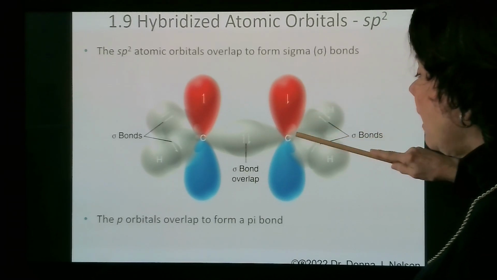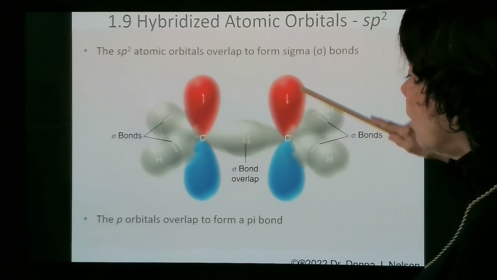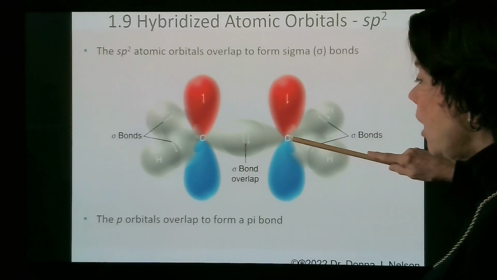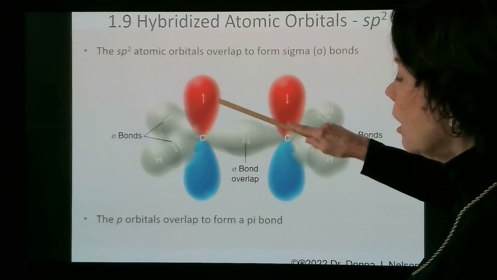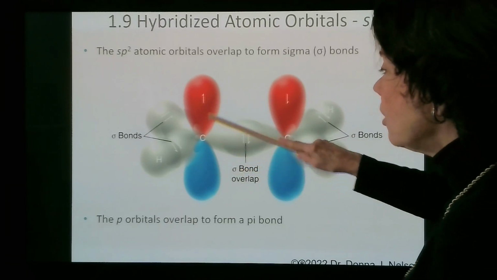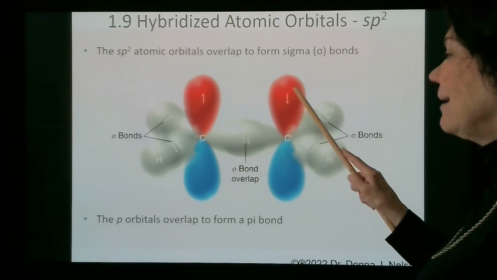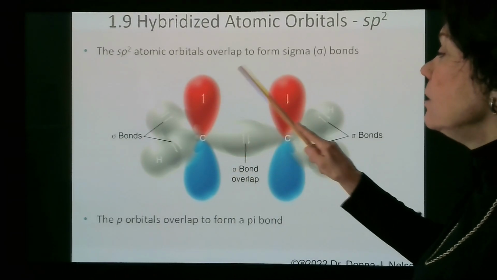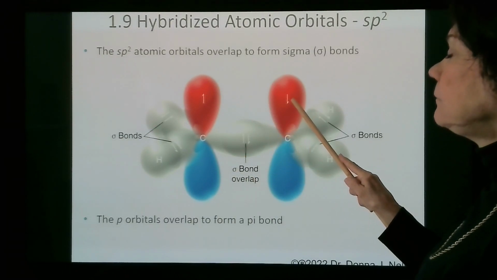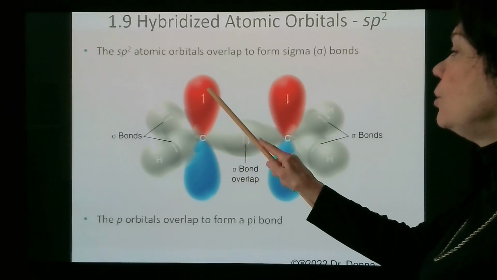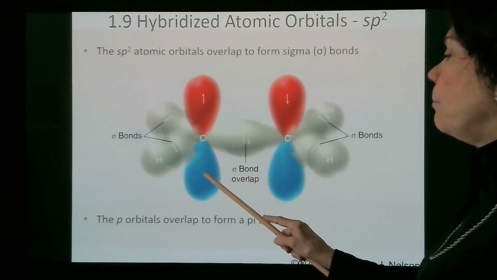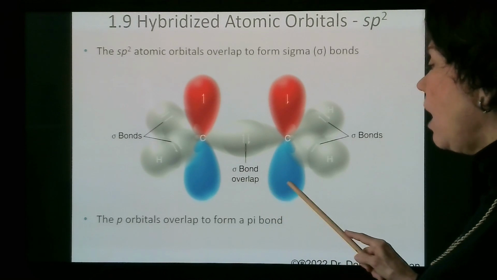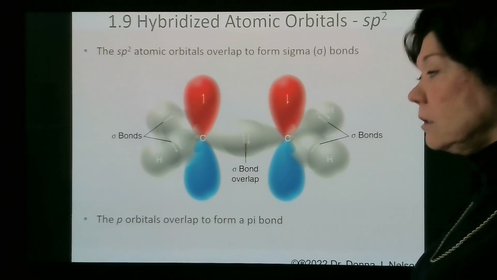We also have the pi system. So one carbon has this atomic orbital, the other carbon has this p atomic orbital. They are exactly alike. Each one is going to donate an electron to this pi bond that will now have 2 electrons.